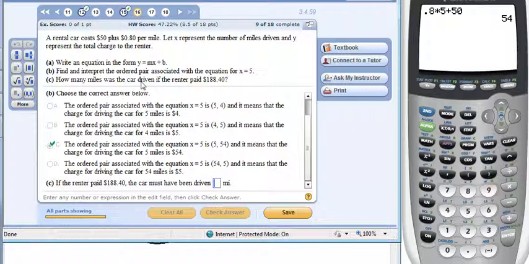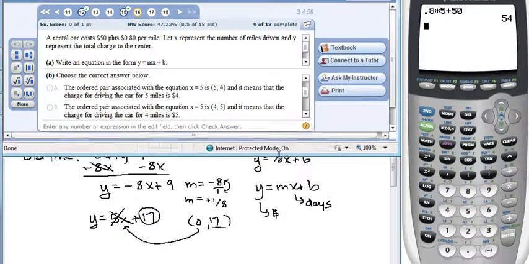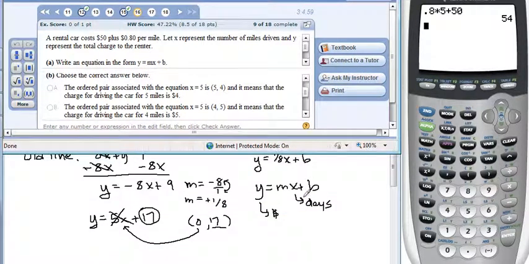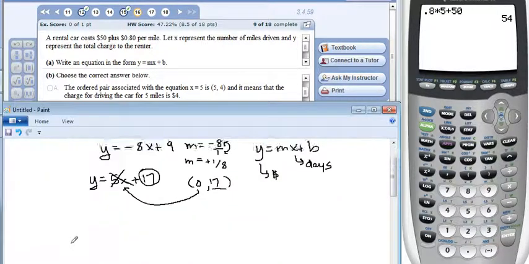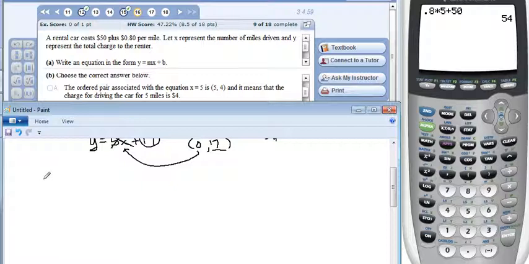How many miles was the car driven if the renter paid $188.4? All right, well, this is going to have to be algebra. So, first of all, let's see what we have. We have our generic miles, cost.